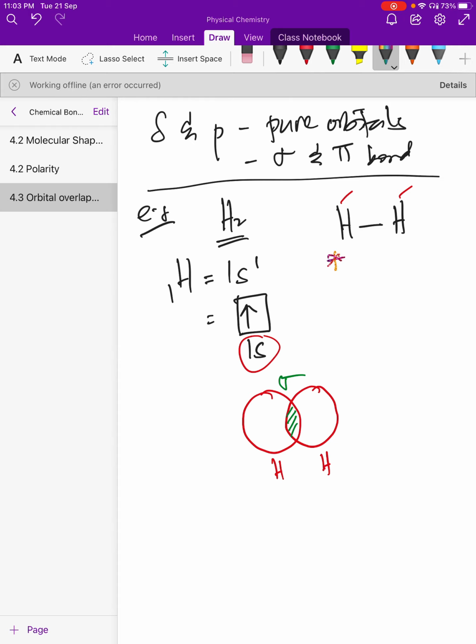Important note, one single covalent bond represents one sigma bond. And please take note, this overlapping is head to head overlapping, which causes the sigma bond.